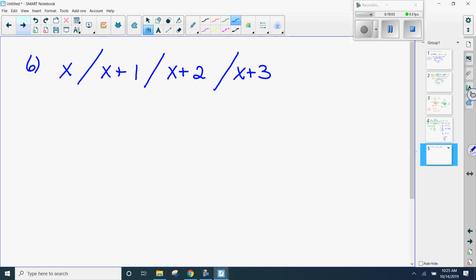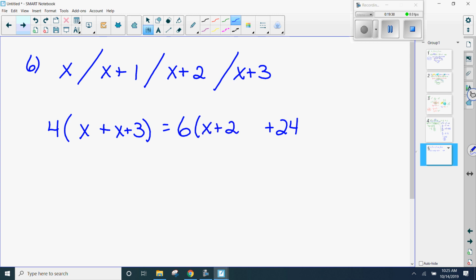There are our consecutive integers, and we have 4 of them, such that 4 times the sum of the first and the fourth, which is x and x plus 3, so you have 1, 2, 3, 4, is equal to 24 greater than 6 times the third. The third is x plus 2.